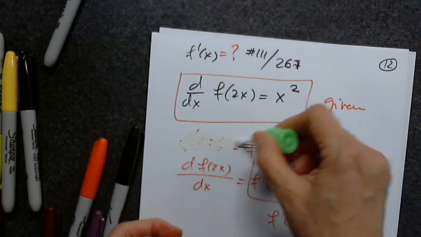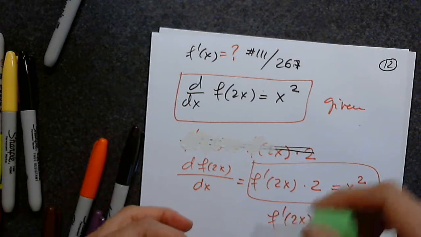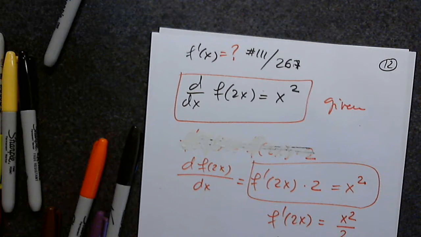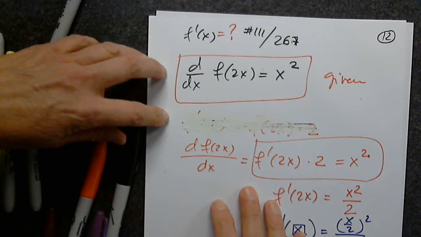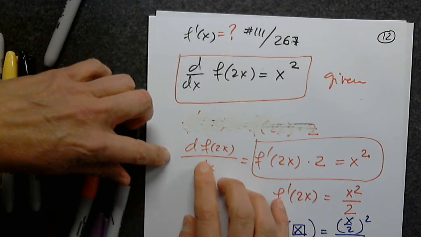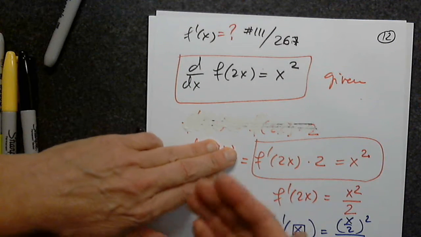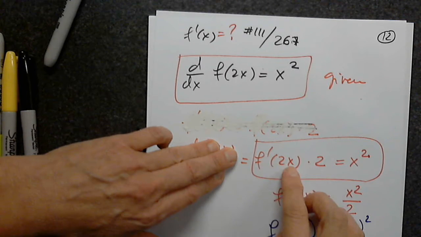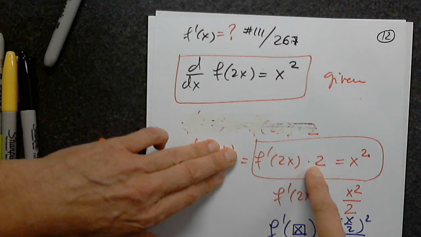So see, the notation is sometimes so important in these problems, because otherwise it's kind of difficult to explain this. So it's the derivative of f of 2x, where the outer function is f. So I have to say f prime of 2x times the derivative of the inner function, 2x prime, which is 2.